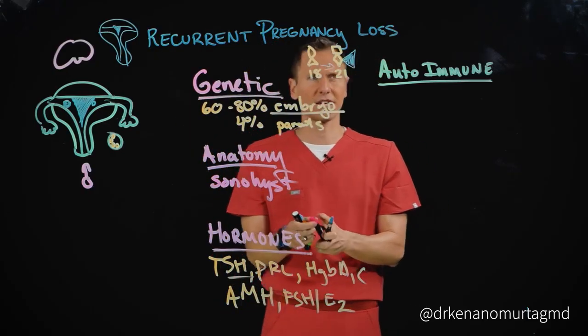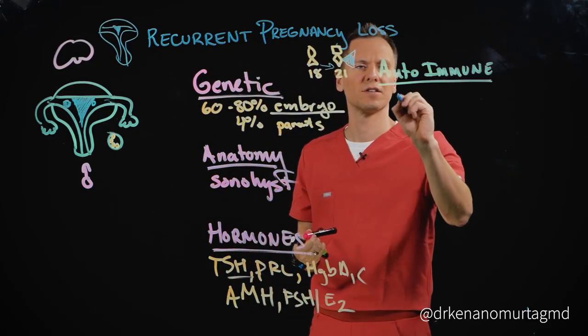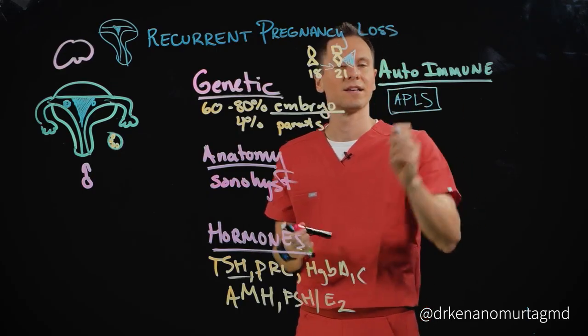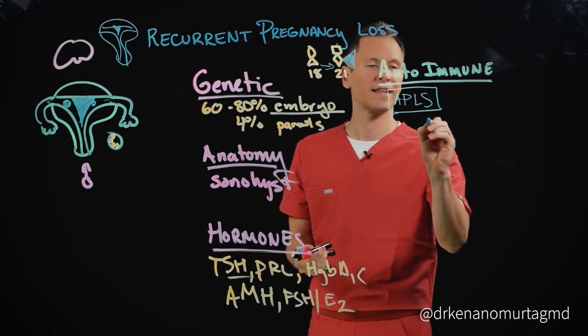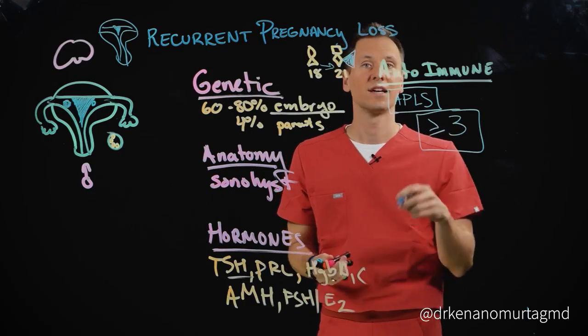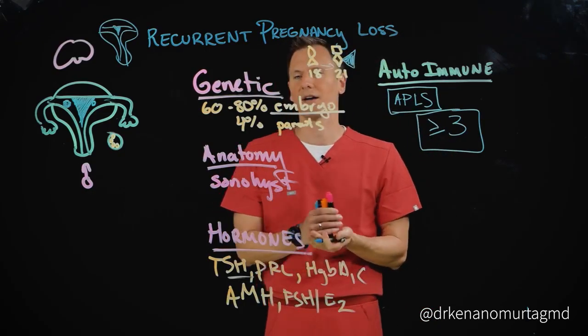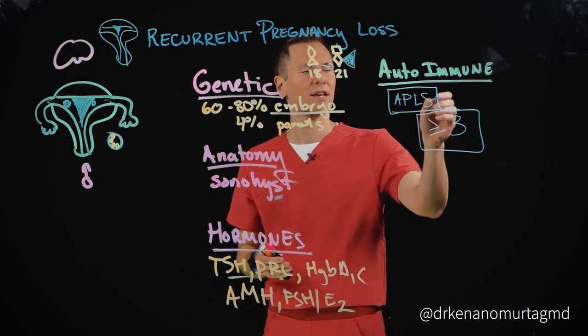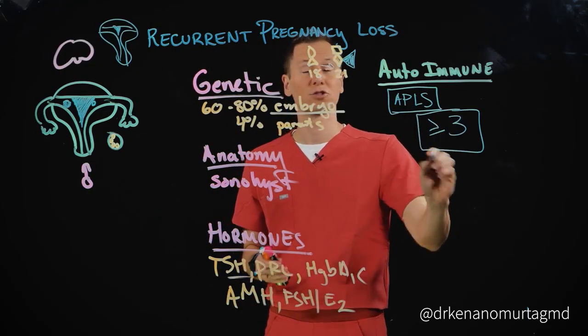And then the final thing here is autoimmune disease, specifically looking for antiphospholipid antibodies and antiphospholipid syndrome. The academic approach is to do this after 3 or more losses. You'll see some specialists, high-risk obstetricians, some reproductive endocrinologists, some OBGYNs will do this testing after 2 losses.